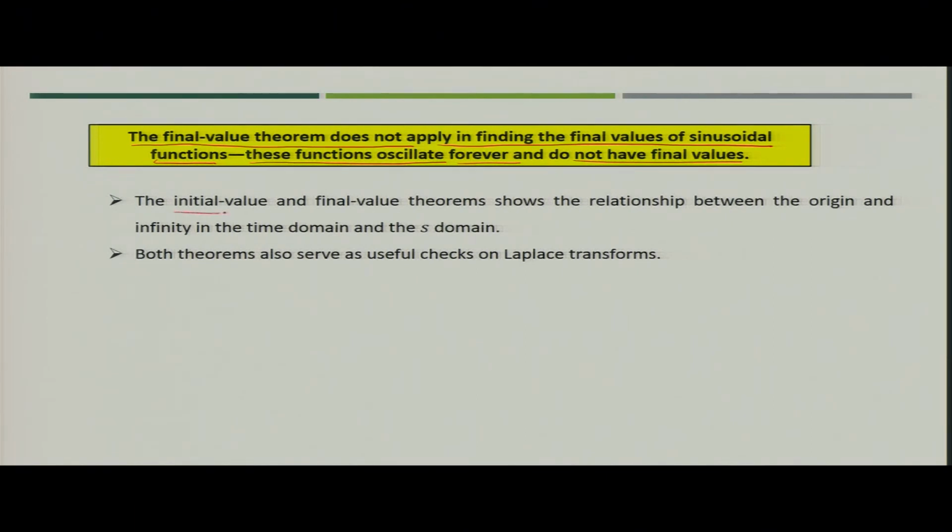Now, the initial and final value theorems show the relationship between the origin and infinity in the time domain as well as in the s domain, and these two theorems also serve as a useful check on the Laplace transform.